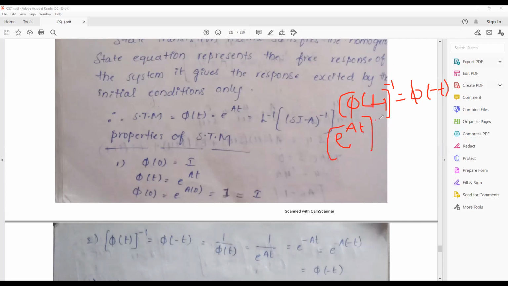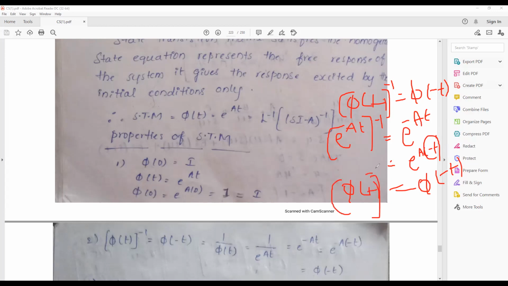So e power At whole inverse is e power minus A into t, which is e power A into minus t. Here t is replaced by minus t, so phi of minus t. Then the proof of the second property, phi of t whole inverse is equal to phi of minus t.